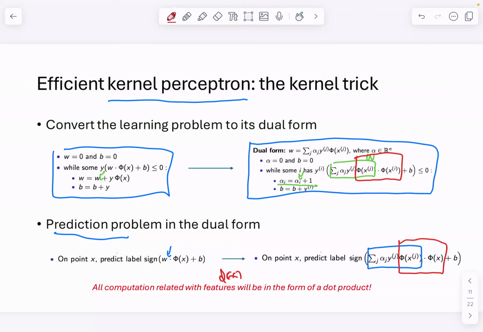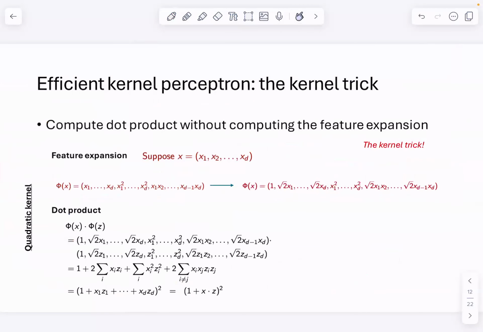The only thing related to the computation of phi x is its dot product. So then we can do something magic. I claim that we can do the dot product without actually computing all the features. We don't need to expand the features. This is called the kernel trick.